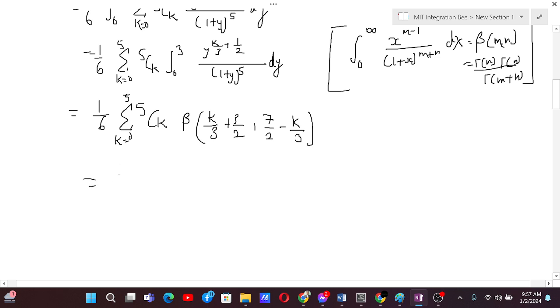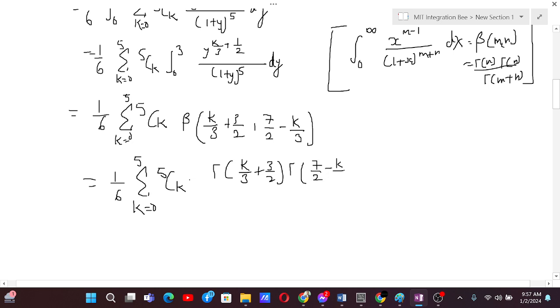Now we will have 1 by 6 sum from k equals 0 to 5, 5 c k, and this one is gamma of k by 3 plus 3 by 2, gamma of 7 by 2 minus k by 3, by gamma of 5. Gamma of 5 is 4 factorial, so that's 4 times 3 times 2, that's 24, and 24 times 6 is 144, so 1 by 144.